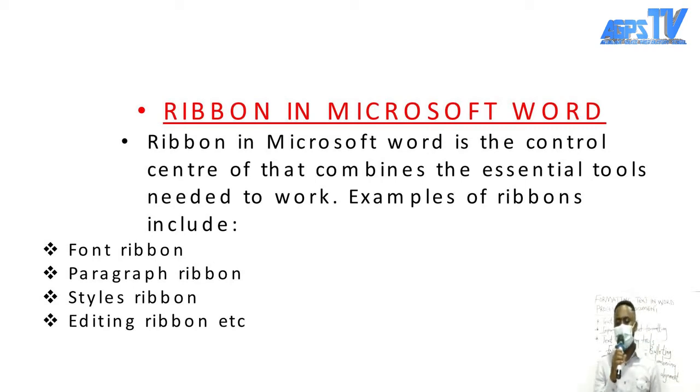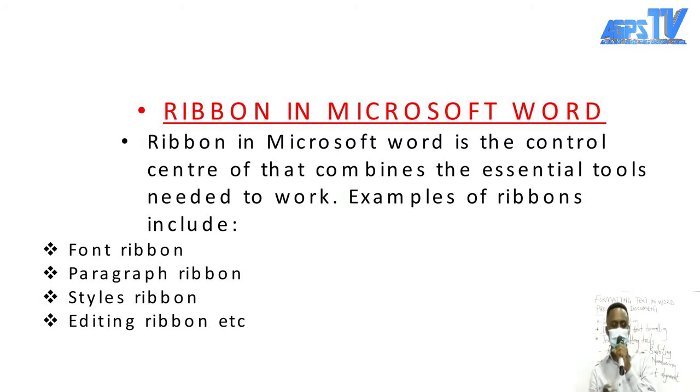Ribbon in Microsoft Word is the control center that combines the essential tools needed to work. Examples of ribbons are the font ribbon, paragraph ribbon, styles ribbon, and editing ribbon.